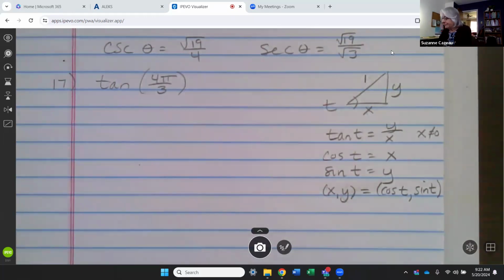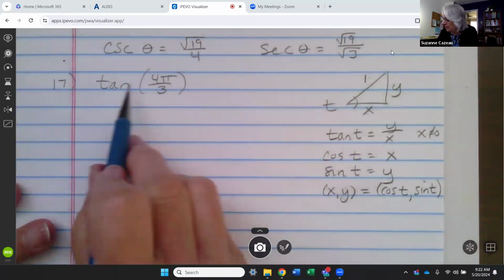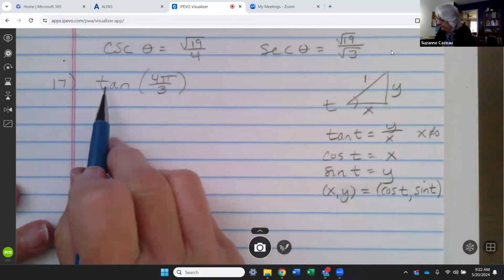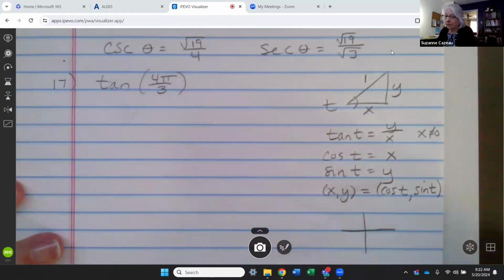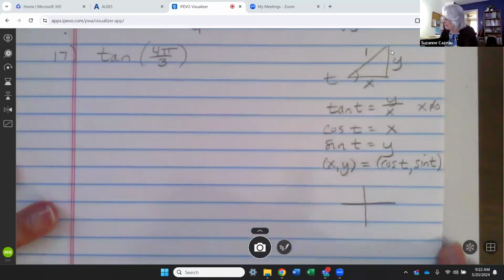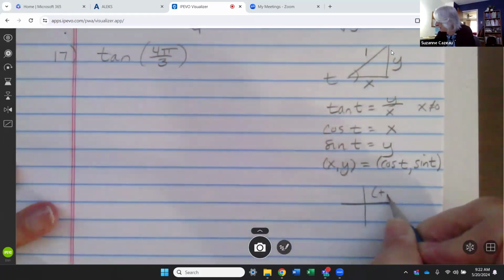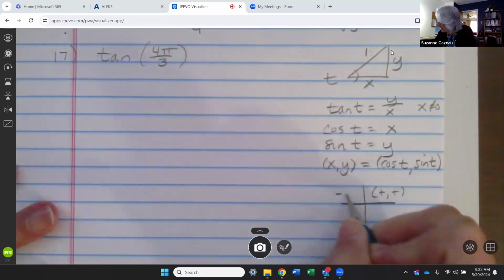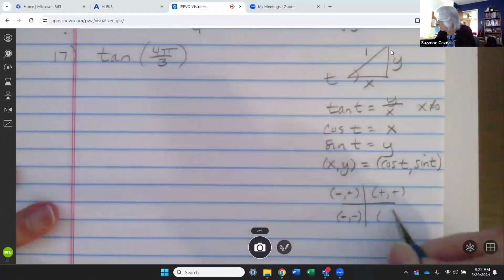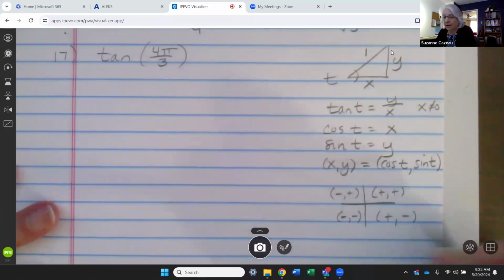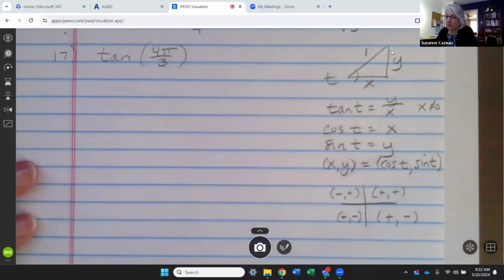Okay. So let's say, what do we got? And by the way, the quadrant you're in, you can use all students take calculus. This is positive, positive. You got negative on the X, a positive on the Y. Here you got negative on the X and a negative on the Y. And this you have a positive on the X and a negative on the Y. And so those are the signs on your ordered pairs.